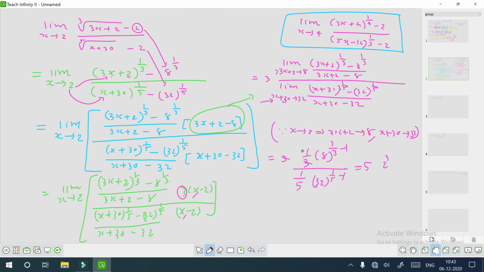Can I write 8 as 2 cubed, raised to minus 2 by 3? Yes, we can write it. Here 5 goes in the numerator, 2 raised to 5, raised to minus 4 by 5. So that is equal to 5, 2 raised to minus 2 over 2 raised to minus 4. That comes out 5 into 2 raised to 2. That is 5 fours are 20. This is the answer of this question.